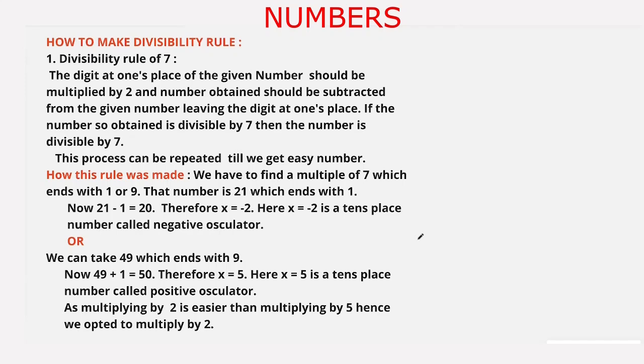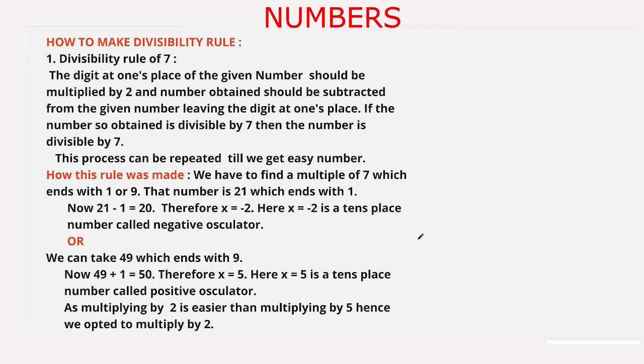As 21 minus 1 is 20 and the tens place number is 2. As we had subtracted 1 from 21, that's why we are subtracting the number after multiplying by 2. And why do we add 5? As we get 49 plus 1, here plus is 1 and we get 50 and the tens place digit is 5.